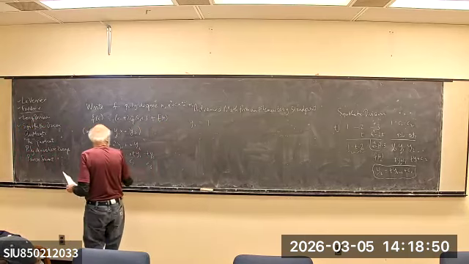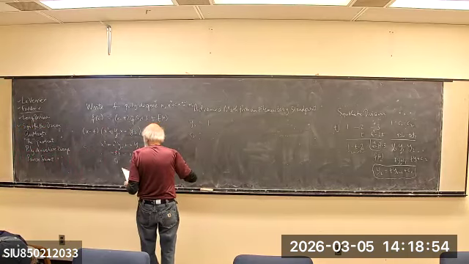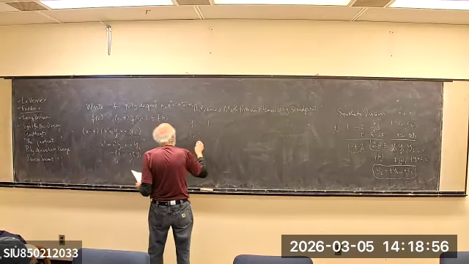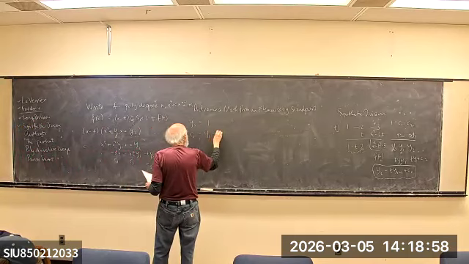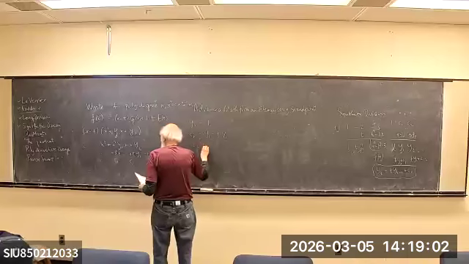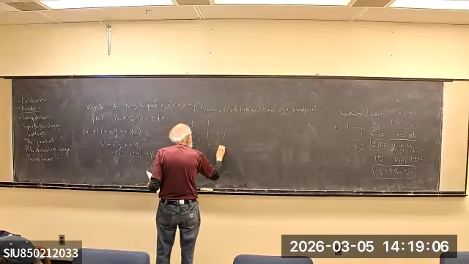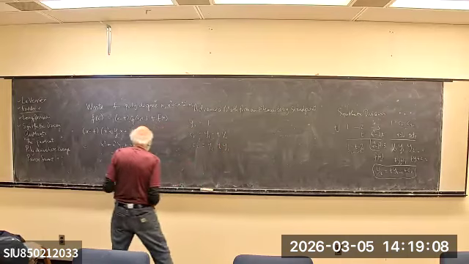Now C1 should be y1 minus t times y0. Okay, C2 is what? y2 minus t y1, that's right.